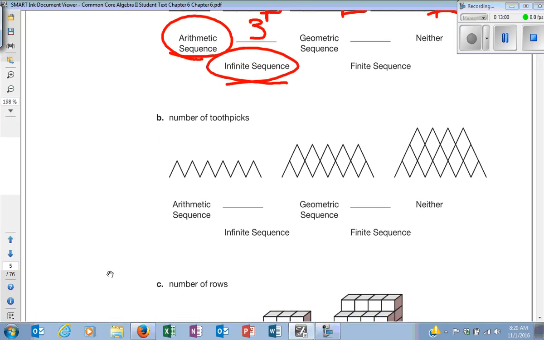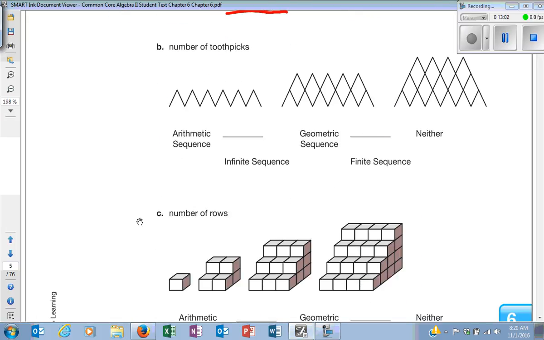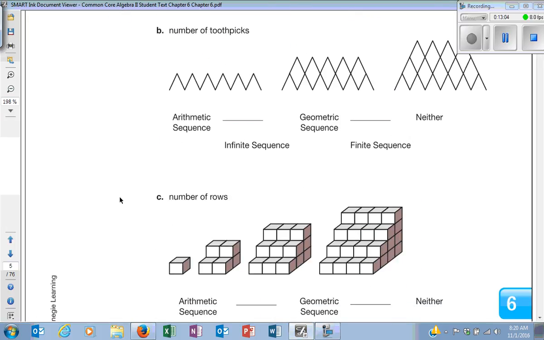Alright, so let's go through this quickly. Number of toothpicks. Hopefully you can see 2, 4, 6, 8, 10, 12. Right? And that's 12 right there. 14, 16, 18, 20, 22. So to here, I added 10 and got 22 total toothpicks. And this would be the same here.